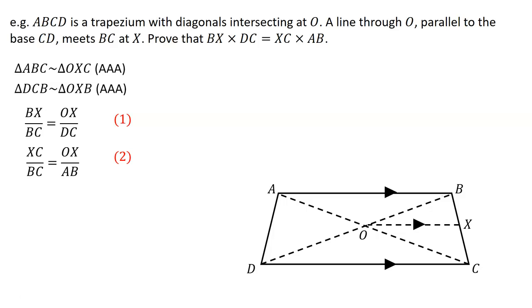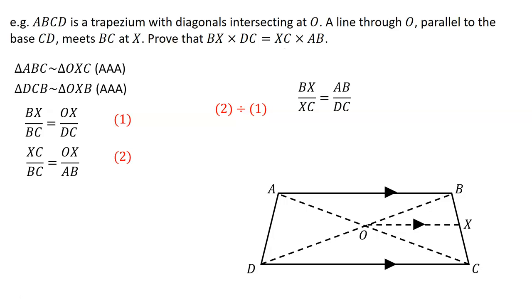Now I need to use a little bit of magic here. There's some things that I want to be keeping. If we go back to the question, these are the sides that I want to keep. I've got some sides in here that I don't want. I don't want BC, but there is a BC in both equations. I don't want OX. There is an OX in both equations. So what I can say is equation 2 divided by equation 1 gives me this.